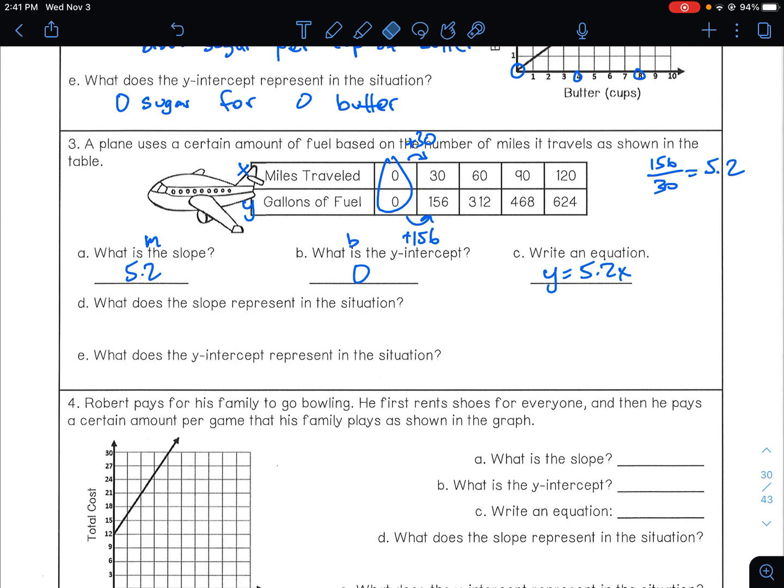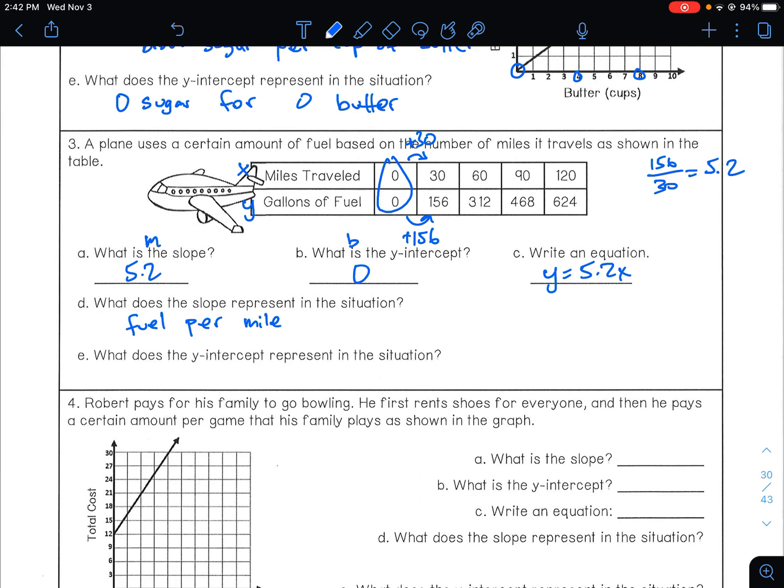So y equals 5.2x. The slope represents the y over the x. The y is fuel, so it's fuel per mile. So gallons of fuel per mile is what my slope represents.